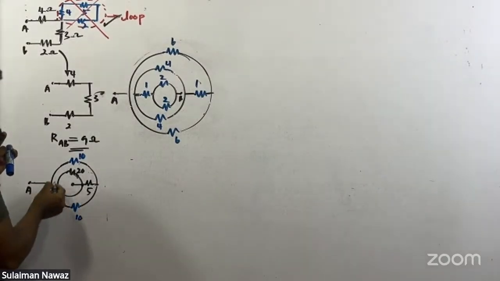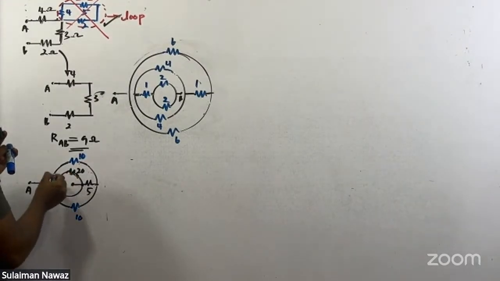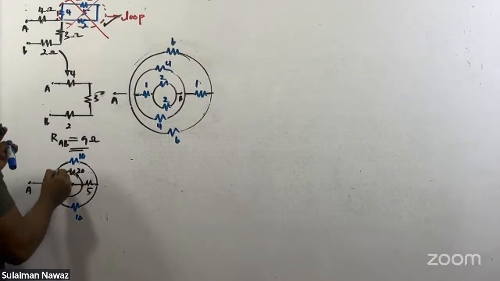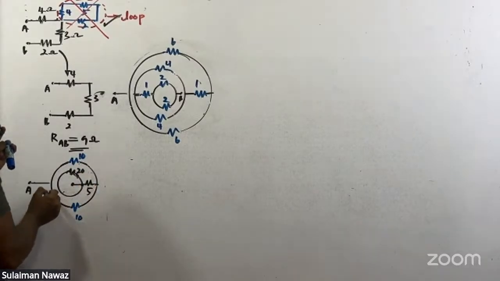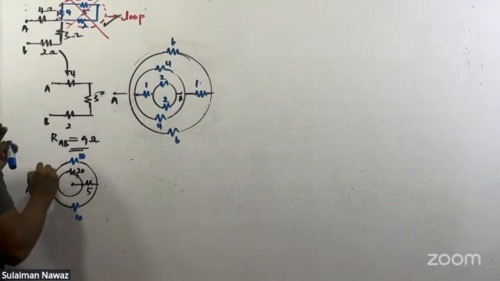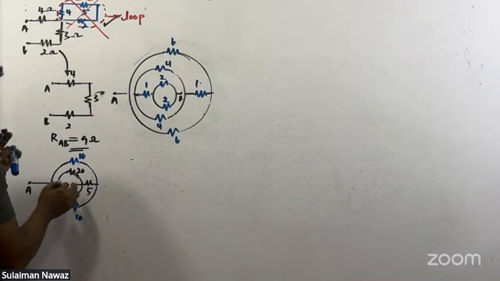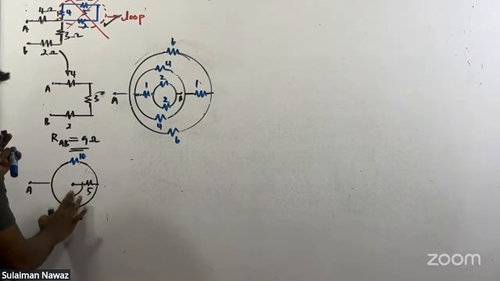This circle with 20 resistance has the same starting point and ending point. Other than this point, this circle has not connected to any other point of the circuit. Only point is this one. Now you can remove this automatically, right?